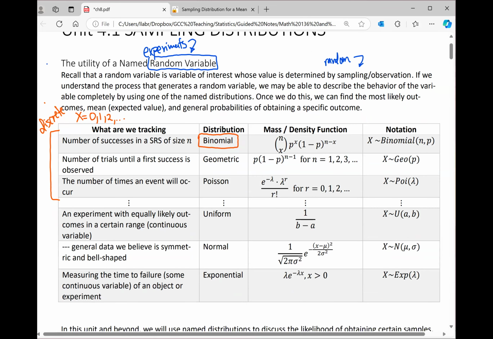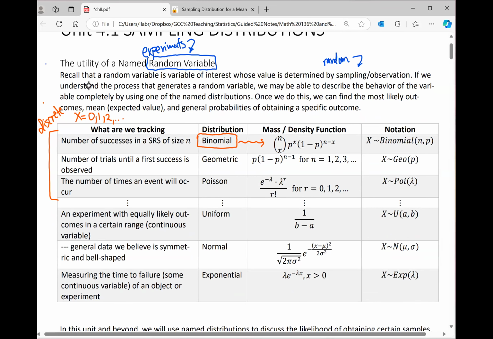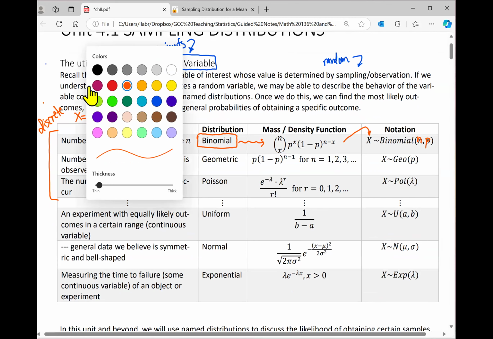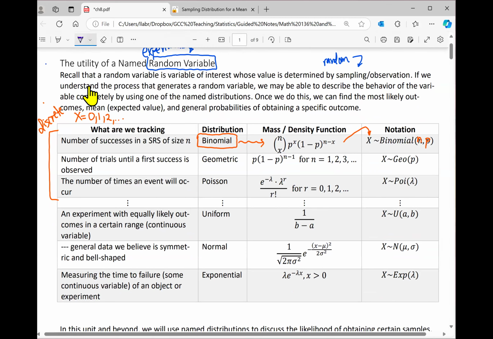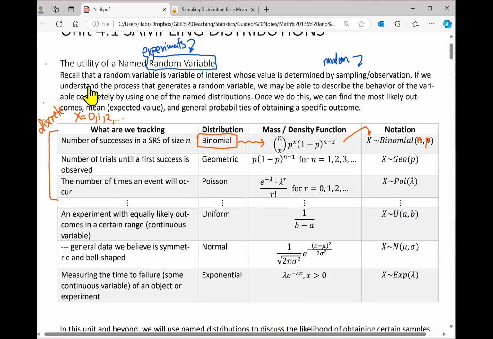There is a formula for it, which luckily for us, we're not going to use because we're simply going to say that a random variable is known to be binomial with parameters n and p. So the parameter is basically the important value that will help you in determining anything you want about a random variable x. So if you know n and p, you can find any probability in an experiment.